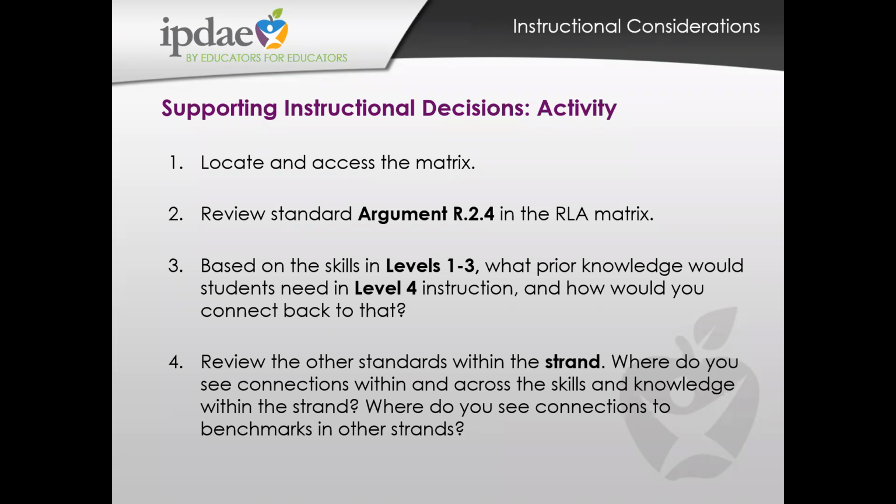One is that, in response to question number 3, as we think about level 4 of this standard, the ability to track the development of an argument. First of all, there's a pretty big shift that happens between level 2 and level 3, where it's not just enough to identify the claim and explain some of the reasons.